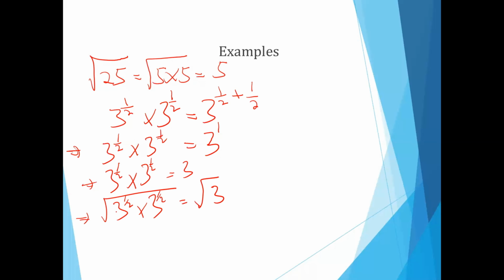So over here, because these two factors multiply to give us another result, this will give us 3 raised to the power half, and this one, the square root, will remain. So anytime you have a number raised to the power half, it is the same as its square root. So a square root can be presented in this form. So we want to take note of that.